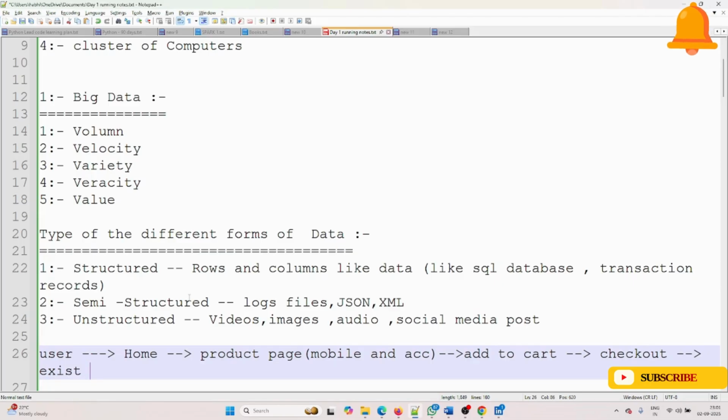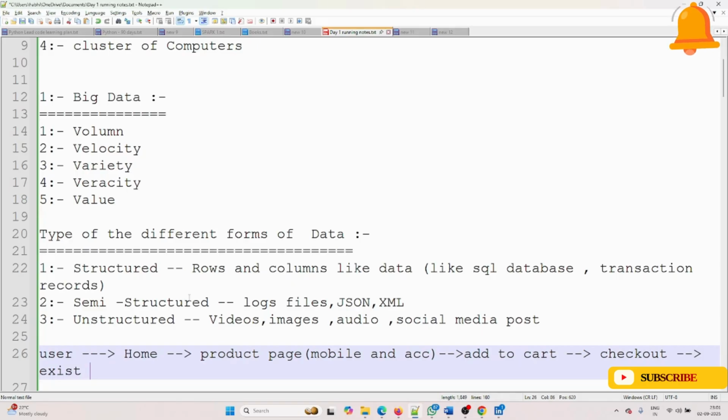In structured form, you know, row and column data, like SQL databases and transaction records. Semi-structured means log files, JSON files and XML files. When you're talking about unstructured data, it is videos, images, audio, and social media posts.